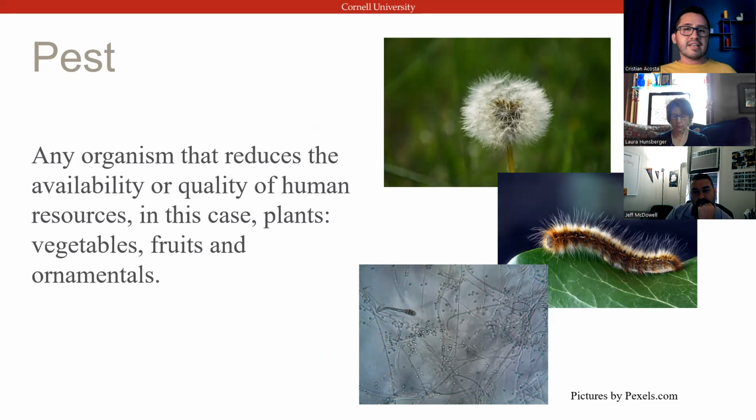In this case, it can be food like vegetables and fruits, or ornamental plants, our plants of interest. It doesn't matter if it's a big organism like a bear, a deer, or chipmunks, or small ones like insects, or even microorganisms like bacteria, viruses, nematodes, anything that is alive and affecting our crops. So this is a pest. In this case, we can see weeds, some insects, and some fungus.